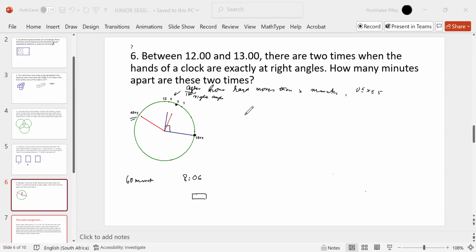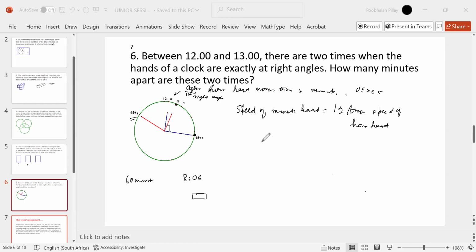So when the hour hand moves through 1 unit, the minute hand has traveled 12. So the speed of the minute hand is 12 times the speed of the hour hand. So in the same time unit, one would have traveled 12 times more than the other, right?